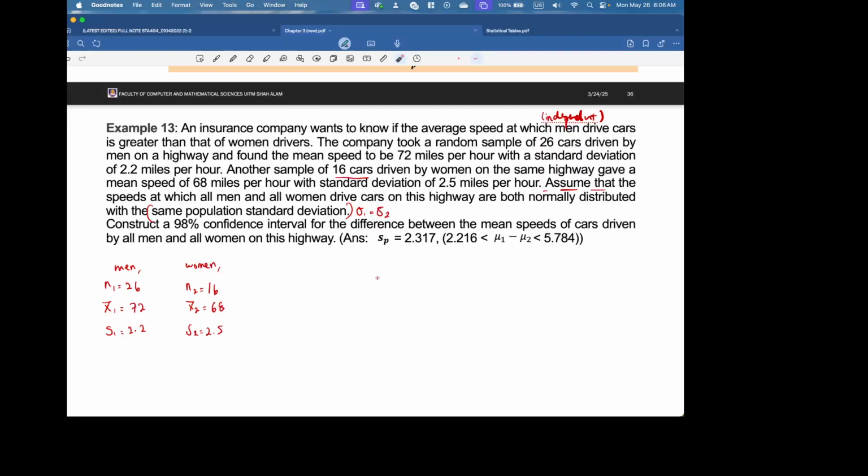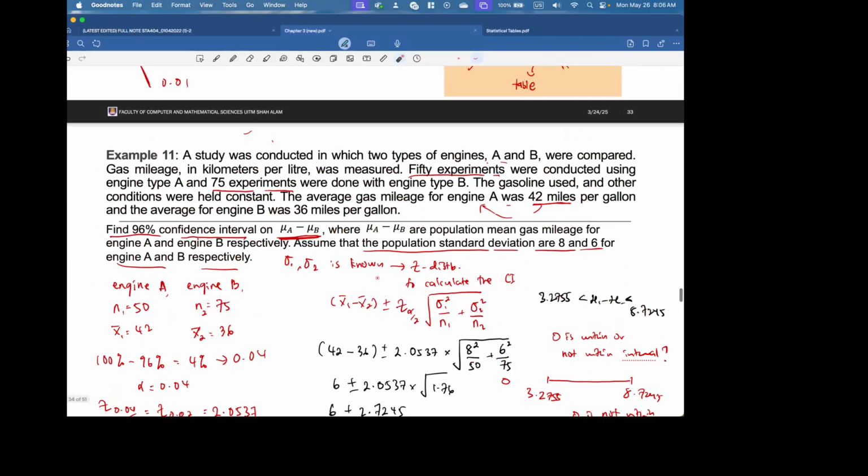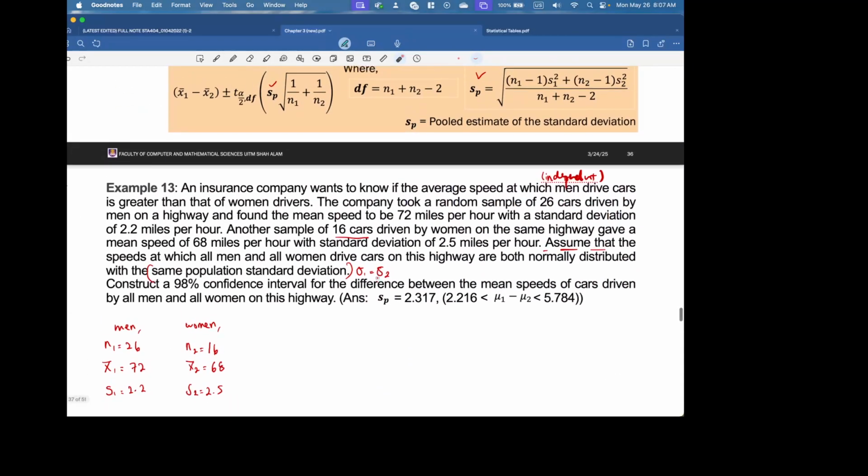So now, since we know this is the formula that we will use, you need to find all of this. Since this is the case where the population standard deviation or population variance is not given, there is no value.